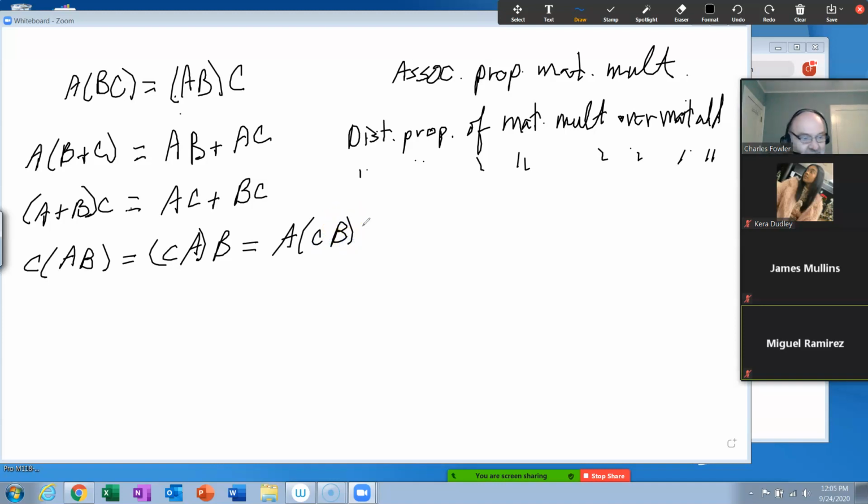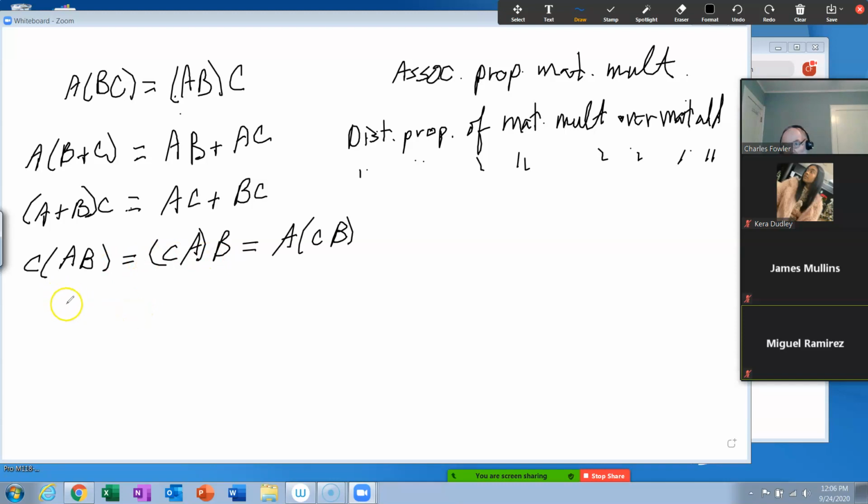Let's just check, and they don't write this down. It's kind of an associative property of two matrices and one scalar. So it's a bit bizarre. You can move the C around because it's a scalar. You can't move around matrices like that. So this is a lowercase c, capital A and B.